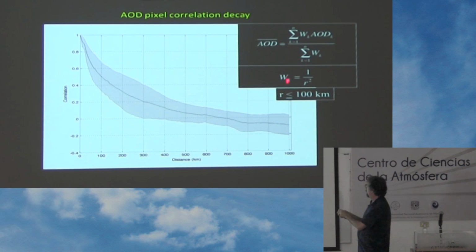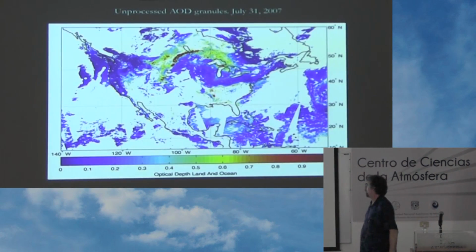So the weight is 1 over distance squared. The larger the distance, the smaller the weight, so the choice of 100 kilometers really doesn't matter. So using this method, we can reduce the problem of missing data.